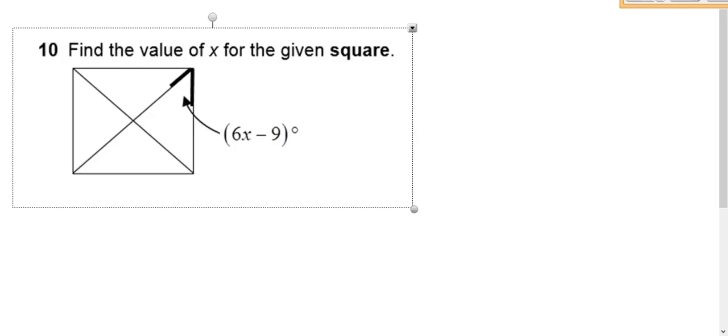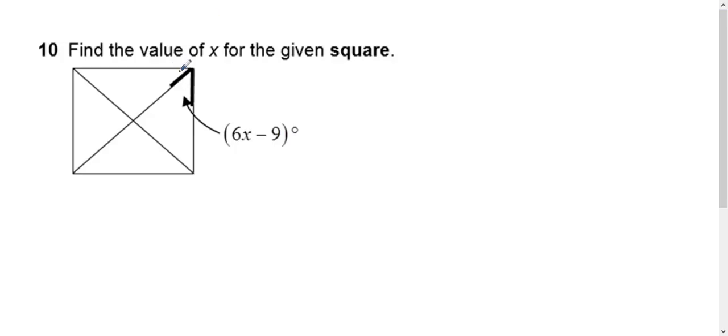So this is a square, which means we have a right angle for the entire corner, and it's a rhombus. Squares are rectangles and rhombuses combined, which means that the diagonals are angle bisectors. So this entire angle is 90, but the diagonal cuts that in half to 45 and 45.